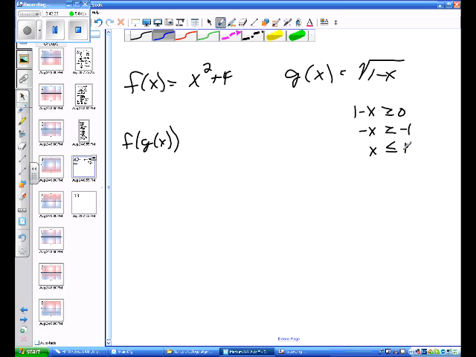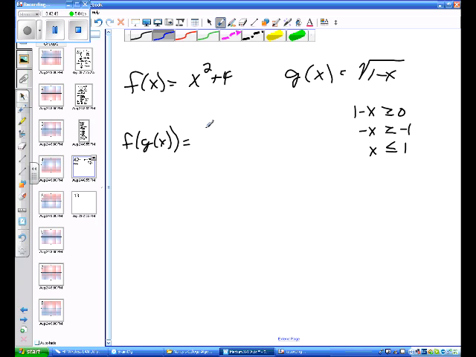So x has to be less than or equal to 1. Then we go to our function f. Is there anything that we would have to limit from our domain on it? There's not, because there's no denominator, there's no radical. So this is the only thing that's going to limit our domain, is x has to be less than or equal to 1.